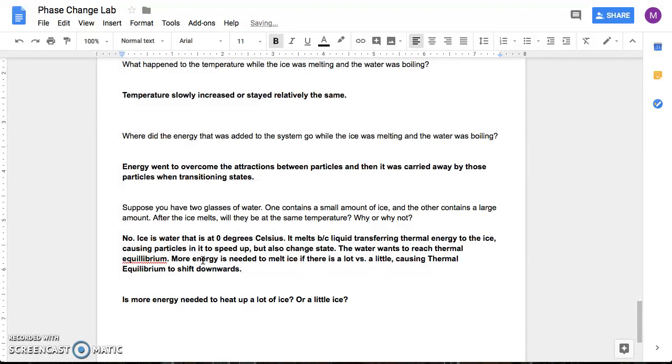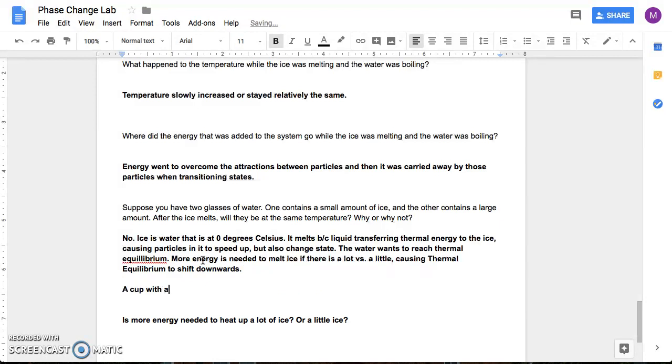So in summary, they won't be at the same temperature. A cup with a lot of ice will be colder after it melts than a cup with a little ice.